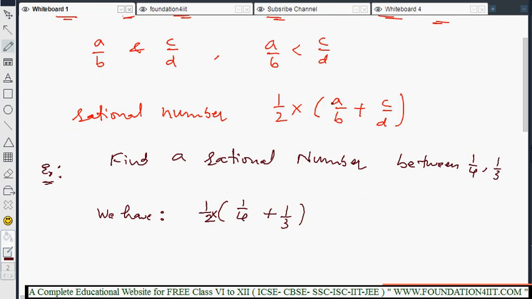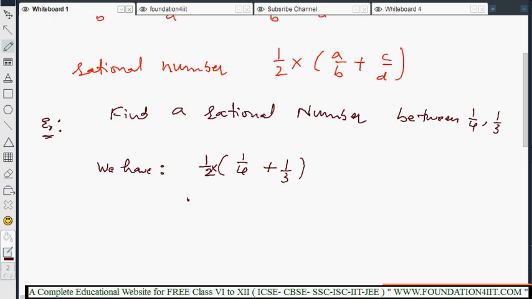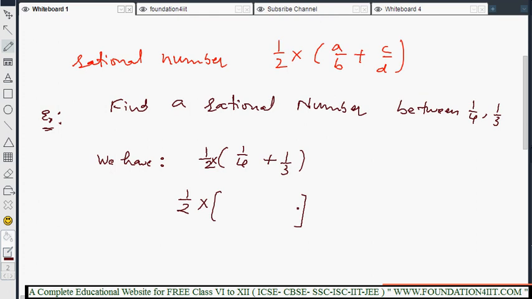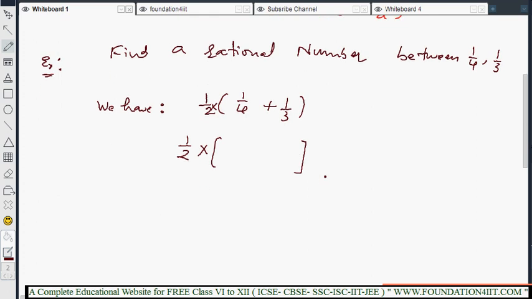Both rational numbers you need to add, so within the bracket we add this first: 1 by 4 plus 1 by 3. The LCM of 4 and 3 is 12, as we discussed previously. 4 times 3 is 12, so 3 into 1 is 3. 3 times 4 is 12, so 4 into 1 is 4, for the numerator.